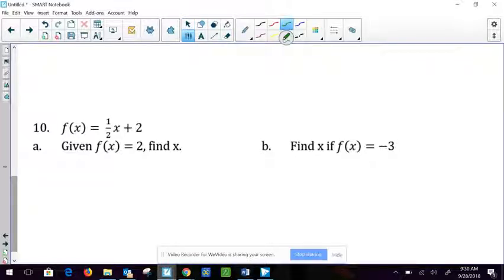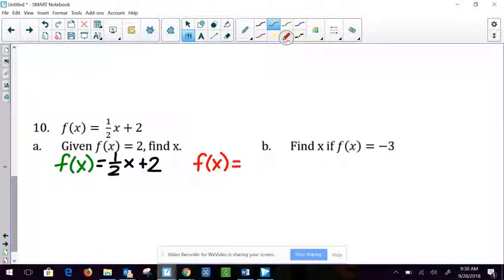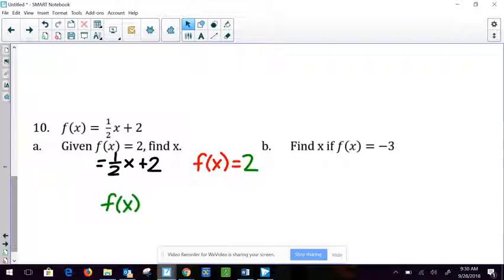So if I rewrite my top equation, f of x is equal to 1 over 2x plus 2. I'm also finding out that f of x is the same as 2. Okay, so because those are interchangeable, I can take f of x out of my equation, and I'm going to put 2 in its place.